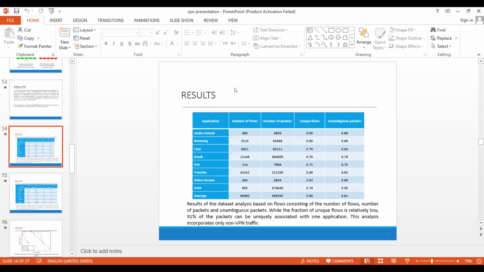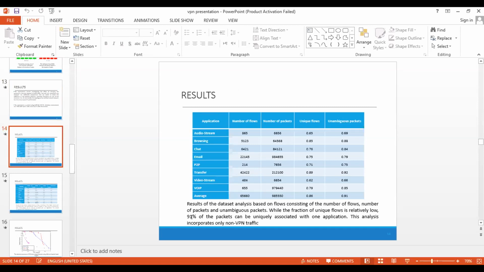This table analysis incorporated only non-VPN traffic. Result of the dataset analysis based on flow consisting of the number of packets and unambiguous packets, while the fraction of unique flow is relatively low, 91% of the packets can be uniquely associated with one application.